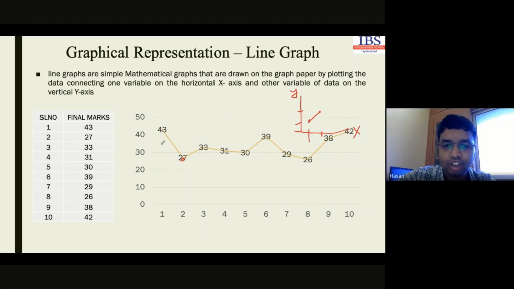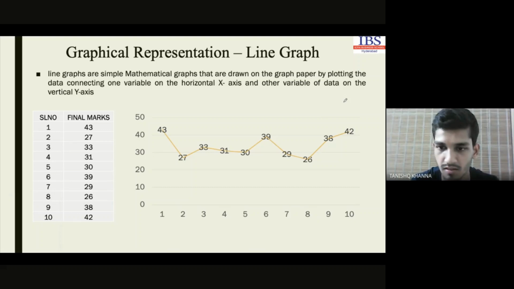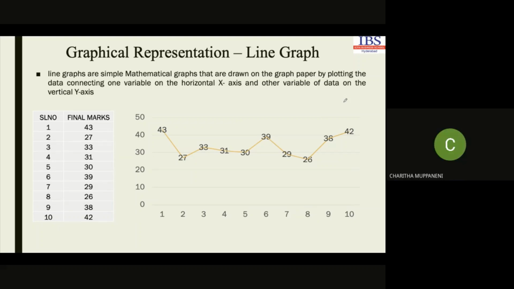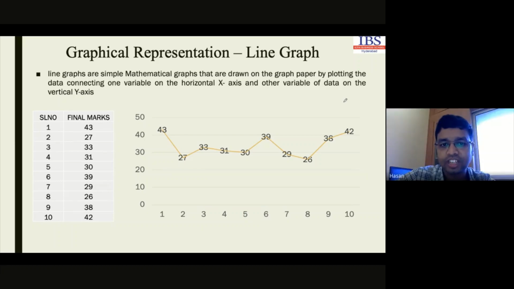So we can easily draw this line graph, right? Yes, sir, it is easy. The thing is, we have to understand the x-axis and y-axis, put the values and join them with a line. That's why it is a line graph.